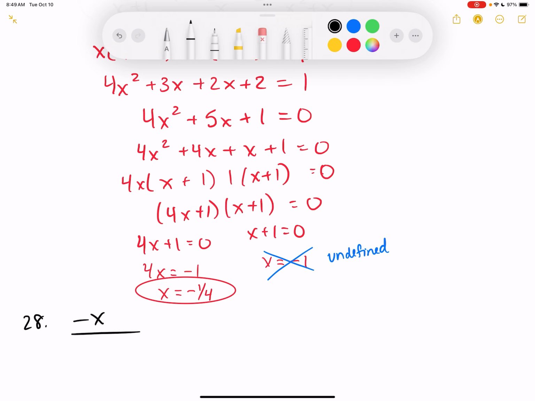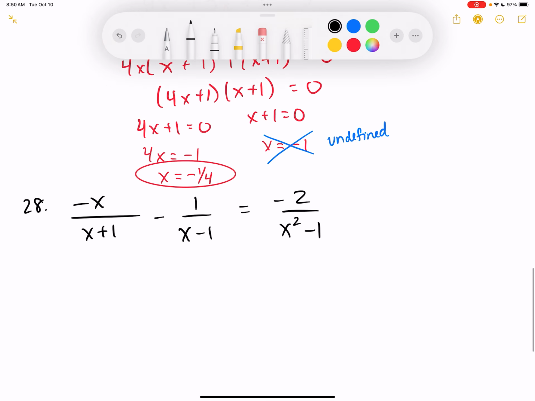-x over x plus 1 minus 1 over x minus 1 equals -2 over x squared minus 1. So what does this denominator over here factor into?